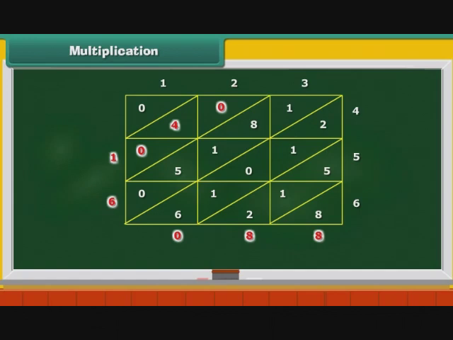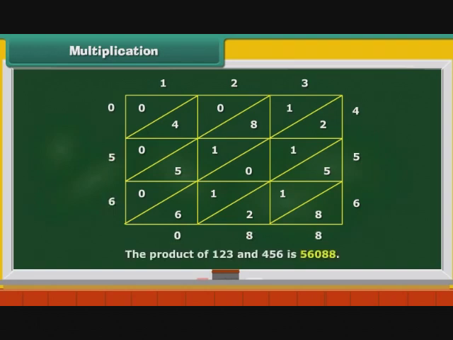Their sum is 5, including the carry over 1. Write 5. The last diagonal has only one element: 0. Write 0. Read the digits from top to bottom: 056088. Therefore, the product of 123 and 456 is 56088.